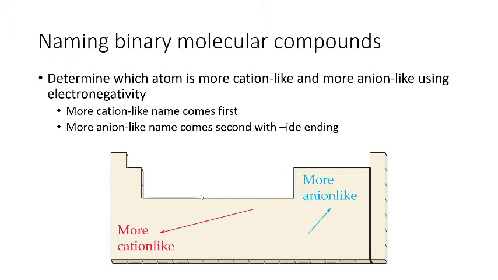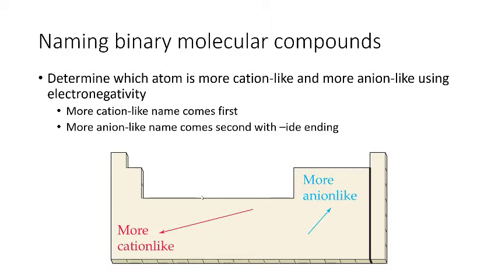So to name a binary molecular compound, meaning you just have two different components, you first determine which atom is more, quote, cation-like, and which one is more, quote, anion-like, using the electronegativity. So the more cation-like atom name comes first, and the more anion-like name comes second with an IDE ending.